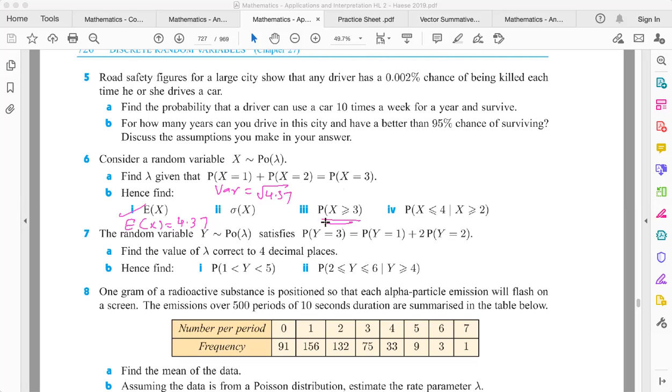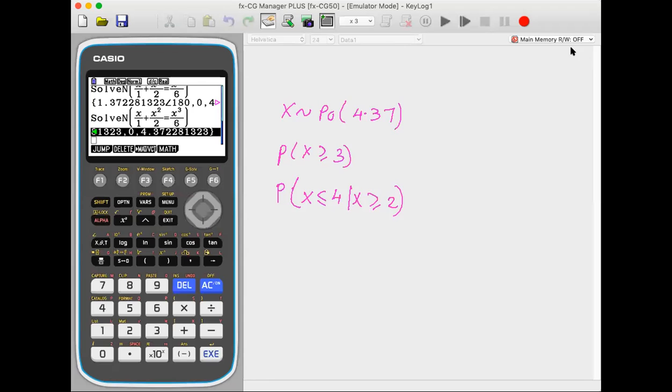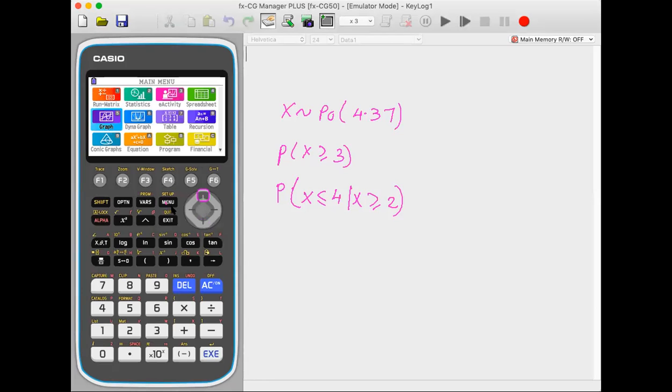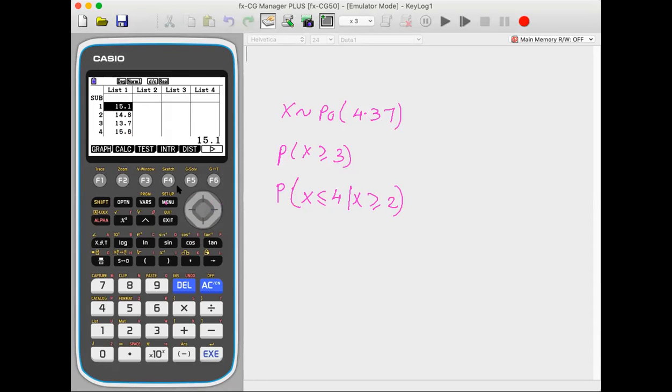And now they have asked us to find the probability for X more than or equal to 3. So for X more than or equal to 3, you have to go into the GDC for the particular answer. To do this on the GDC, basically what we do is go under statistics, go to distribution, then go to Poisson, then you have to take for more than or equal to 3.